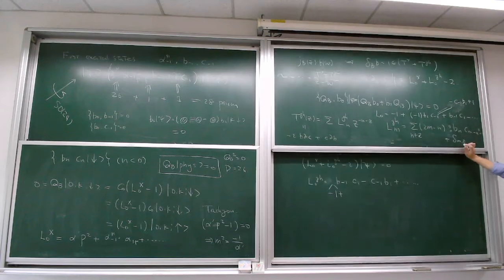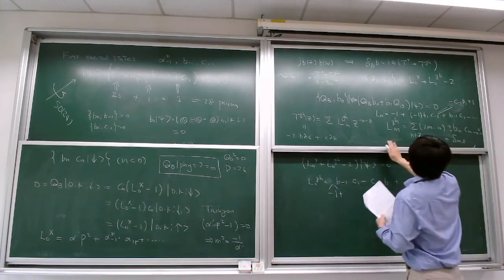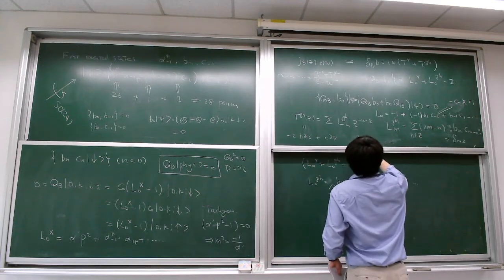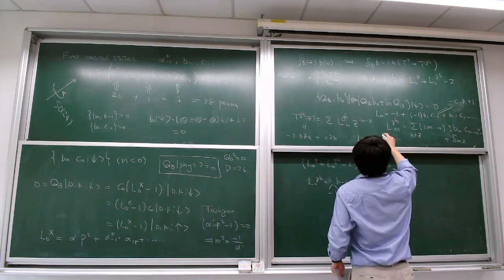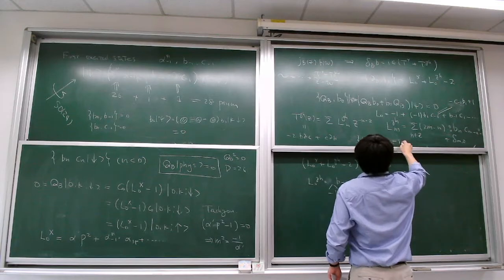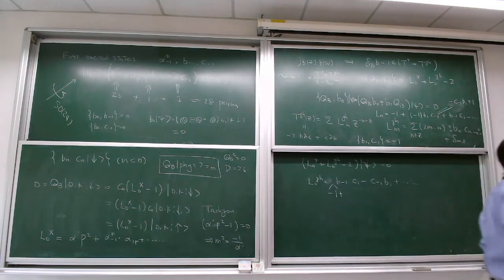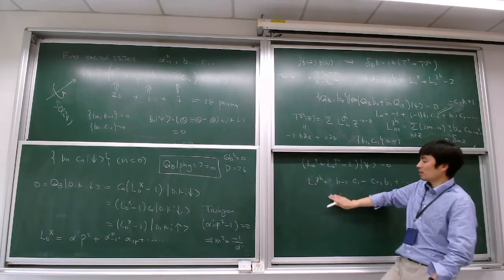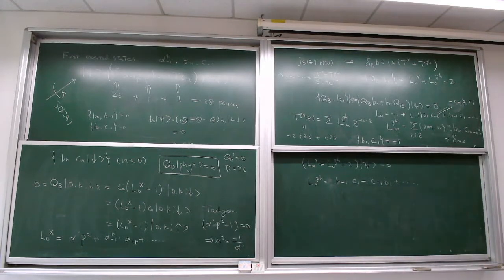Therefore, the anti-commutator of b1 and c minus 1 should be equal to minus 1. Do you understand? Is it okay? And this 1 should cancel with this one. And then what you end up with is this one. Okay, good.